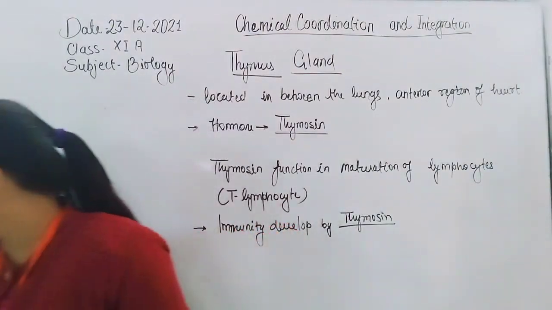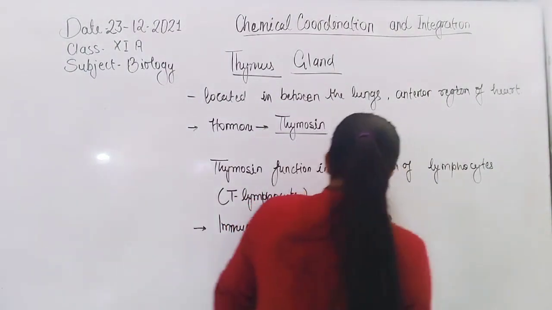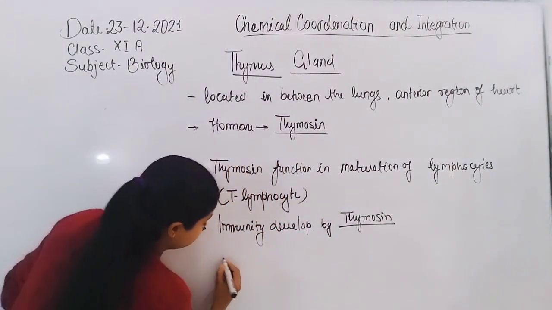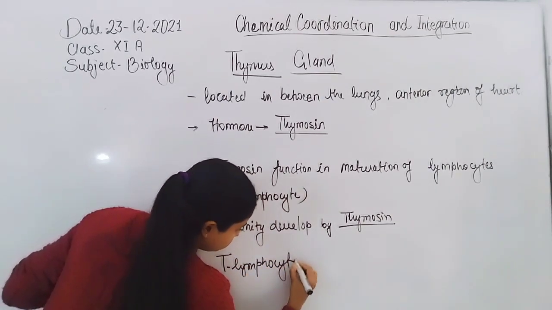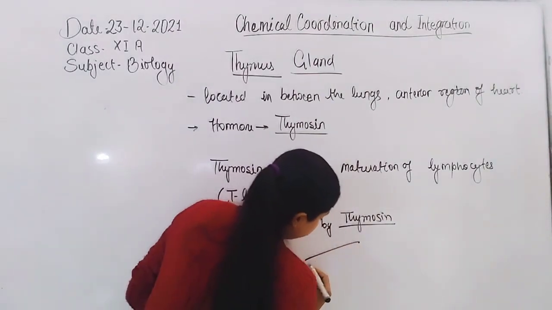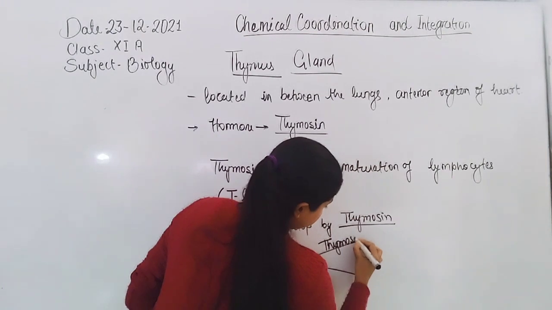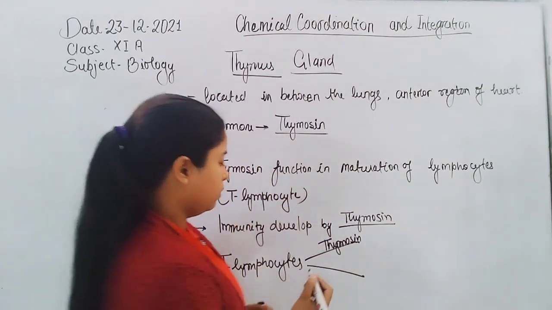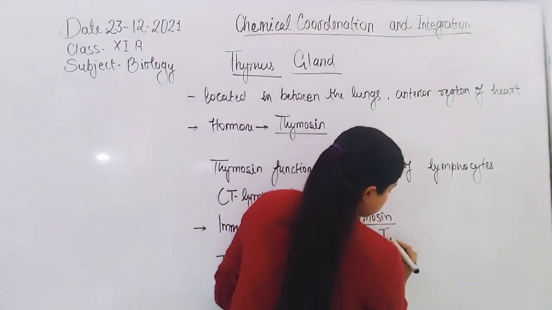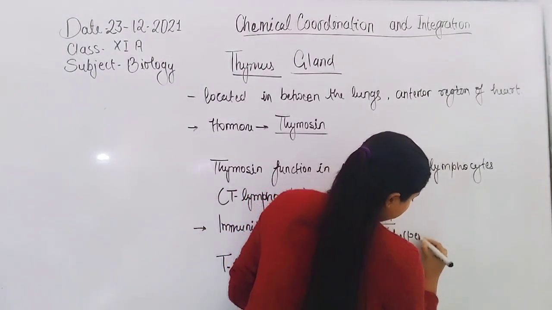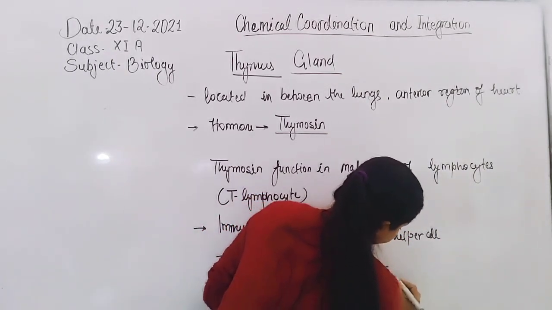So what actually do the T lymphocytes do, differentiated in the presence of thymosin? T lymphocytes differentiate in the presence of thymosin into T helper cells and cytotoxic T cells.